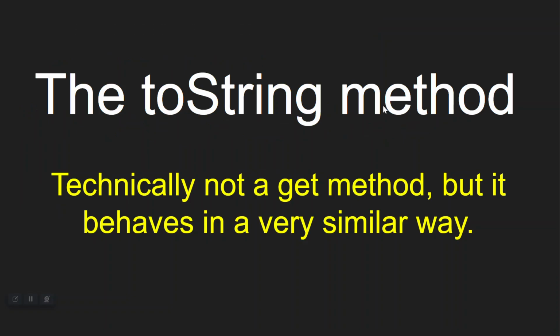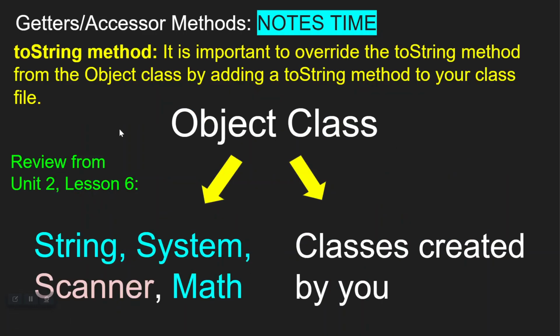And then we need to take a minute and remember the toString method. Technically, it's not a get method, but it behaves in a very similar way. So we're going to go back to Unit 2, Lesson 6. Way back then, I taught you that way up in Java cyberspace, there is a class called the Object class, and every single class created in Java inherits from it.